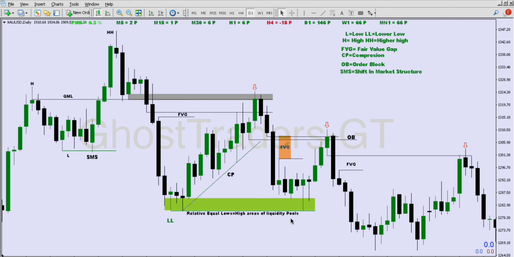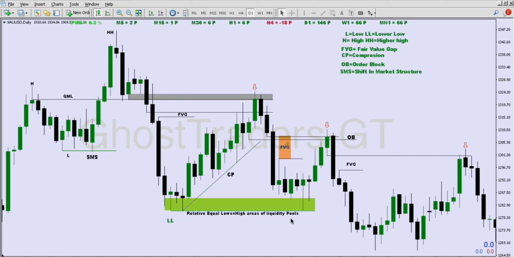In that area, we are saying price is most likely to get to that area and then collect those lows. Liquidity can be in the form of stop losses or some buy limit or sell limit orders. It doesn't matter, whatever pending order is in that area, it's going to be liquidity or stop loss.